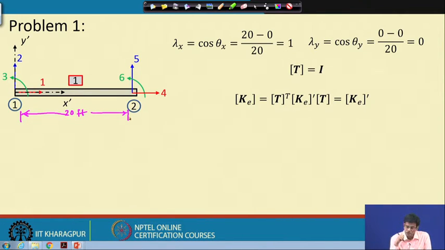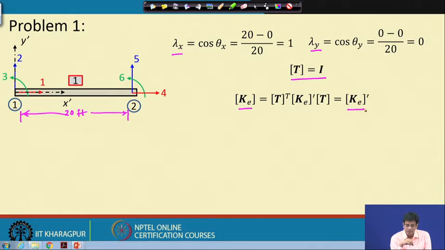Now lambda x and lambda y we also know, which finally results in the identity matrix T. The transformation matrix is the identity matrix, and if you remember the formula for stiffness transformation, Ke becomes Ke hat, Ke prime.